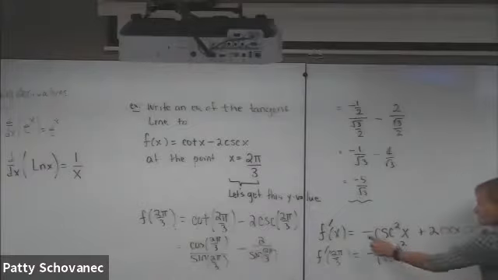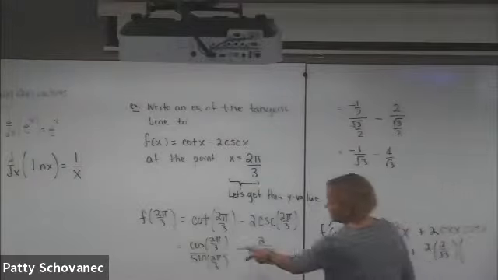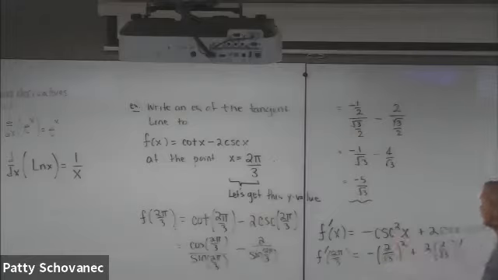The minus sign is not squared, just the value. All right, so again, cosecant was 2 over the square root of 3. Cotangent is this number, and so that was negative 1 over square root of 3.